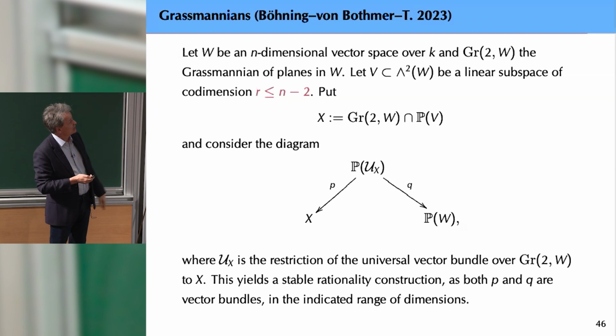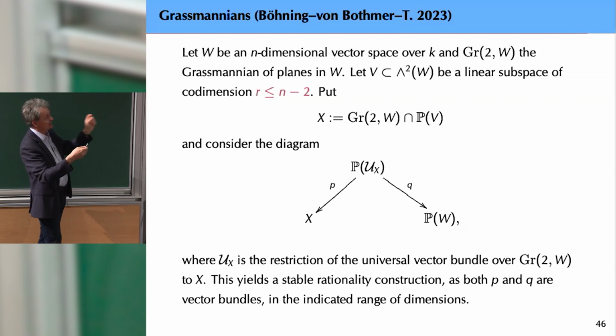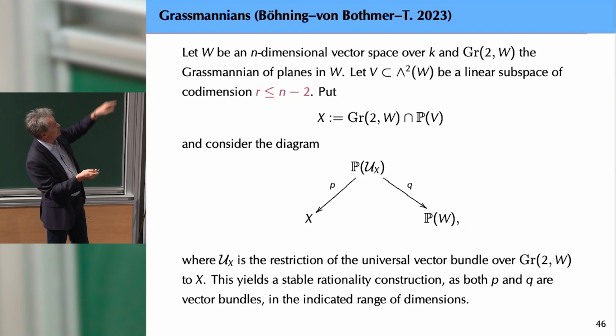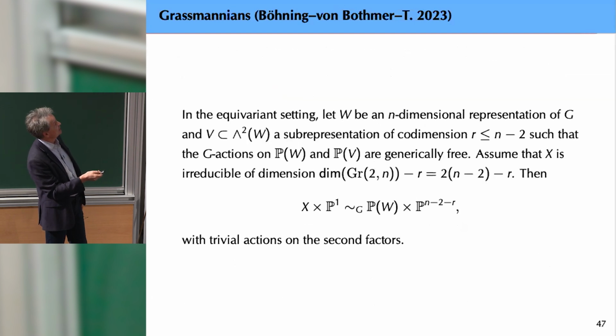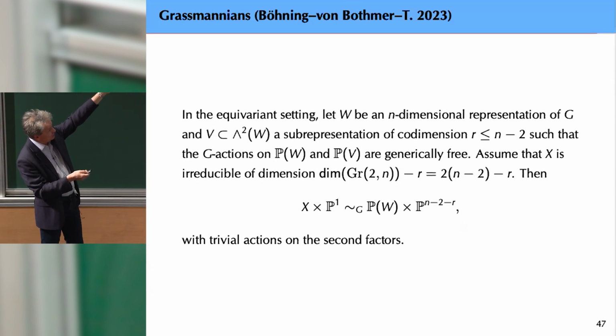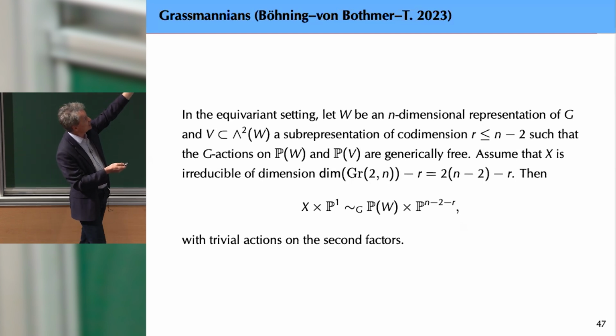Then you have a projection the other way, and that will give you some stable rationality construction in the indicated range of dimensions and codimensions. Now in the equivariant setting, you just pick representations: W a representation, V a subrepresentation of some codimension r with some conditions.